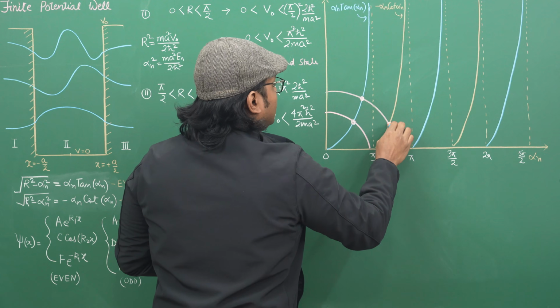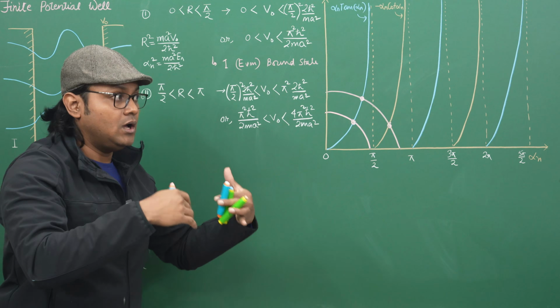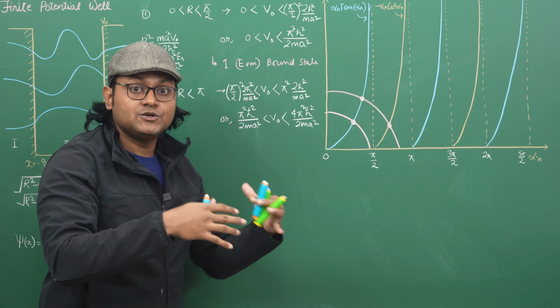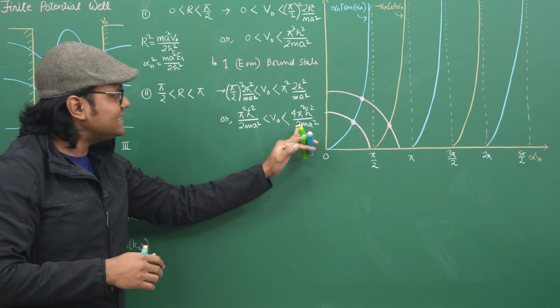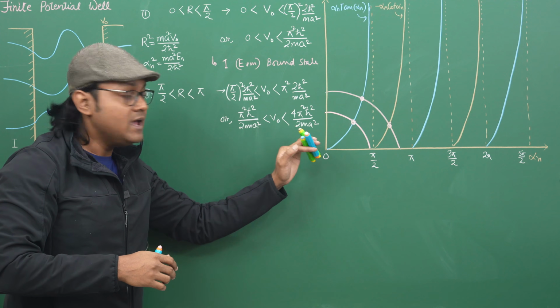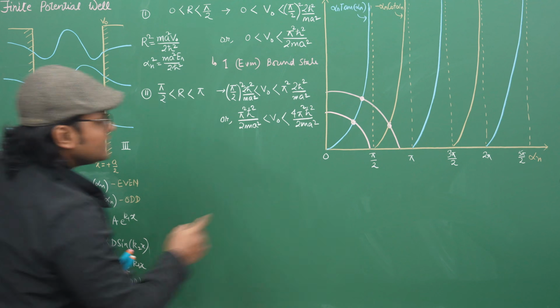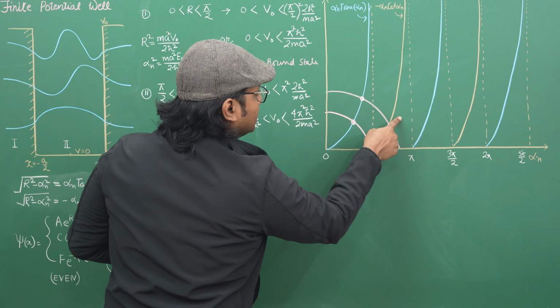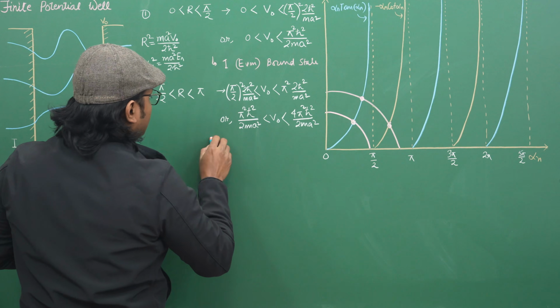If there are two intersecting points, that means there are two solutions, eigenfunction solutions or energy levels which are allowed for this particular case, where V0 is less than 4 pi square h cross square upon 2ma square but greater than pi square h cross square upon 2ma square, which means because it is intersecting the blue line once and the gray line once, I'll get one even solution and one odd solution.